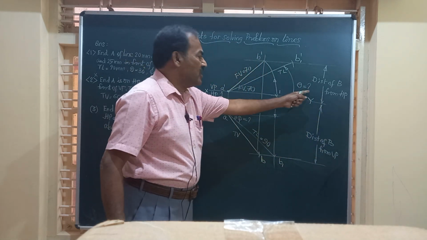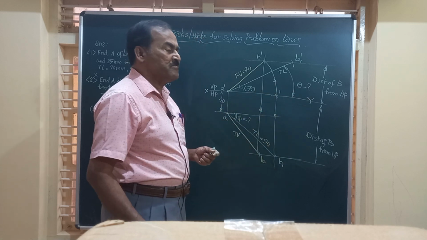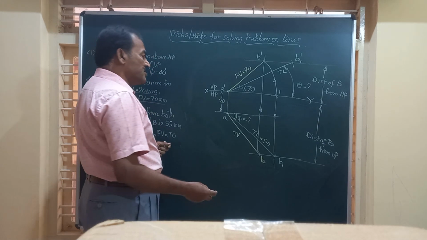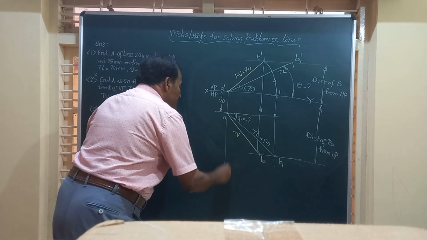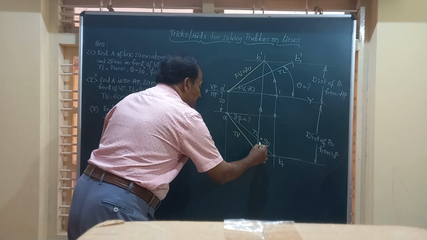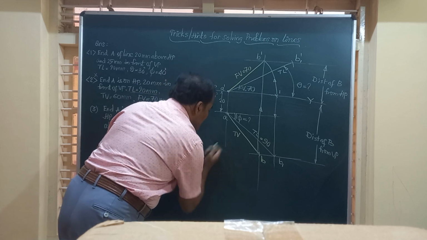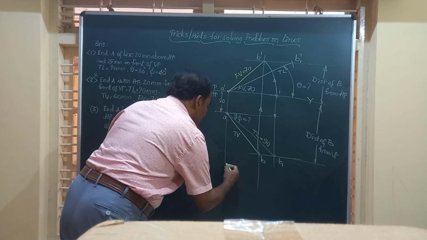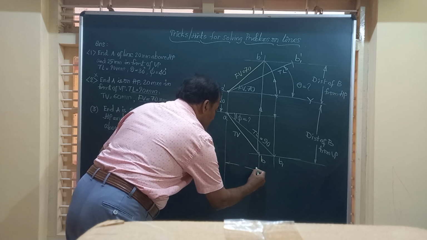So these can be measured. You can measure theta and phi, and friends, they might even ask you to measure the distance between end projectors. A dash A is one end projector, B dash B is another end projector. The distance between these two lines, measured parallel to XY, will give you DEP.